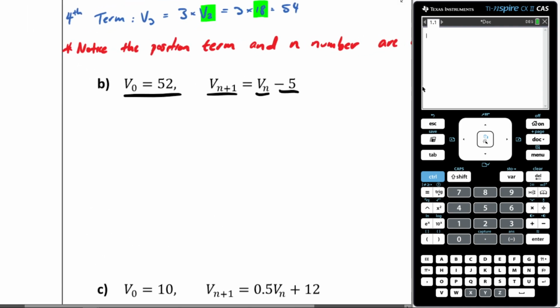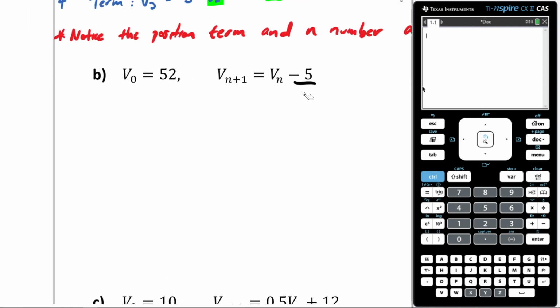How can we do this now? Let's give it a crack. What is my first term? My first term is v of 0, which is 52. Then my second term is going to be v of 1, which is going to be 52 minus 5.